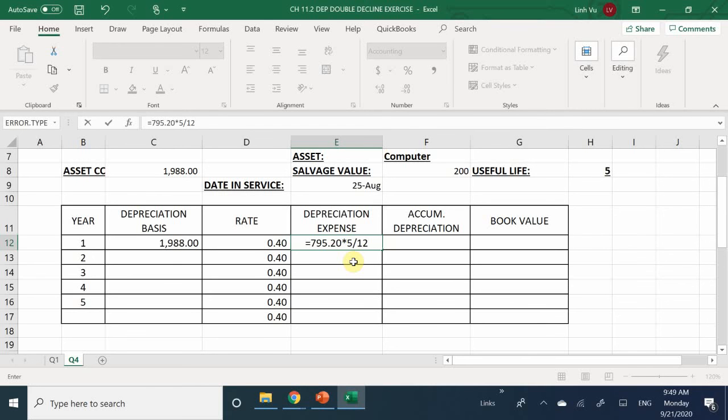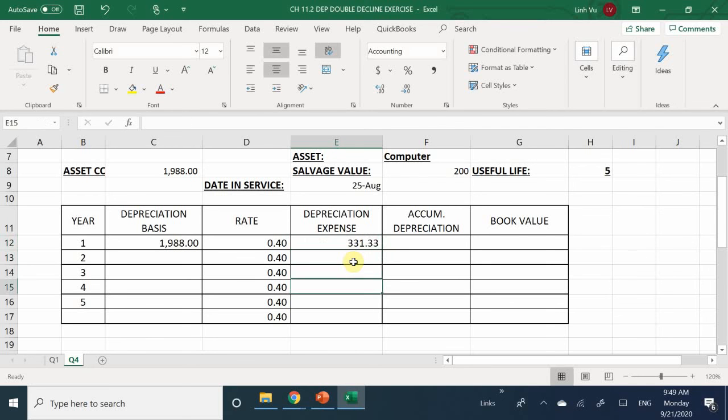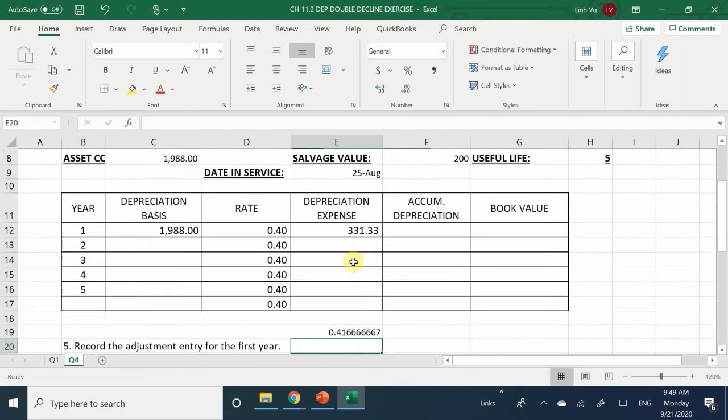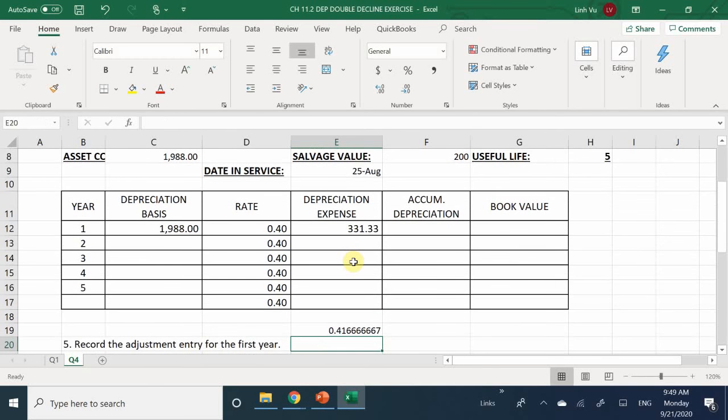This is going to give you the most accurate number, because if I did 5 divided by 12, it's going to be this long number right here. So that's 5 months out of 1 whole year.